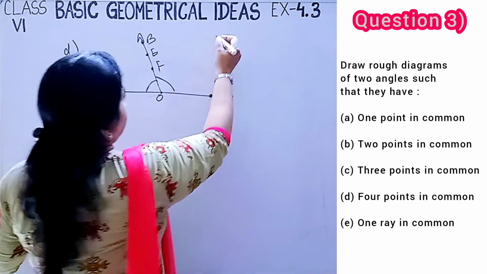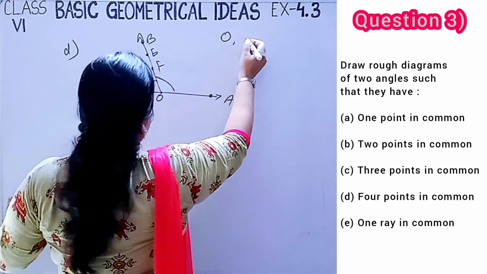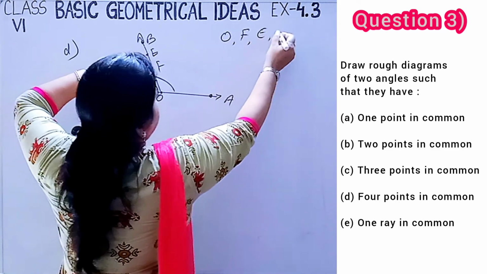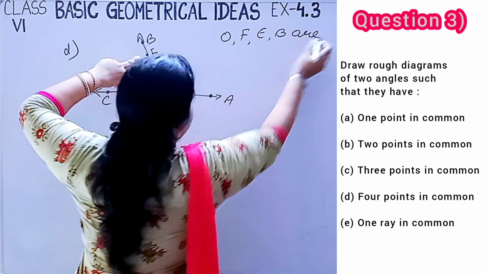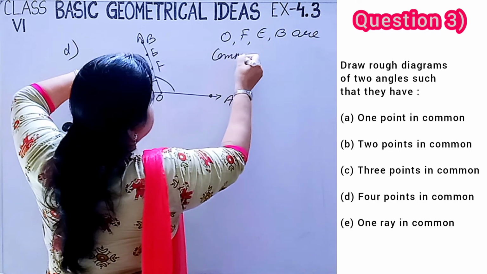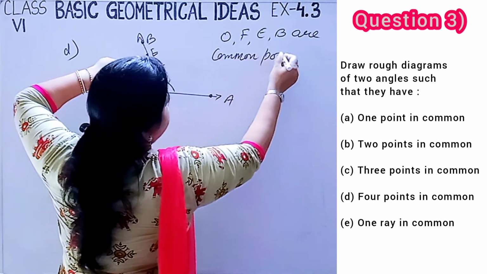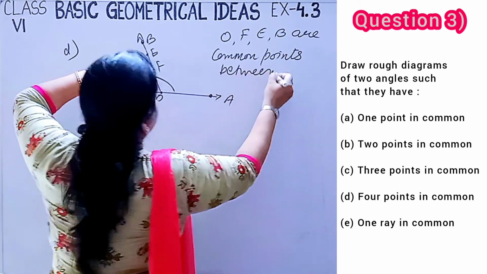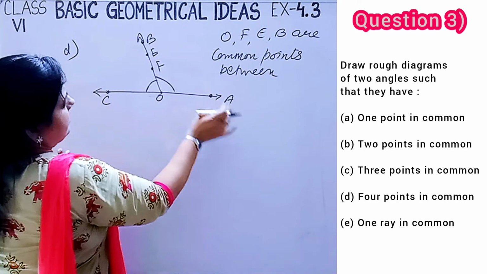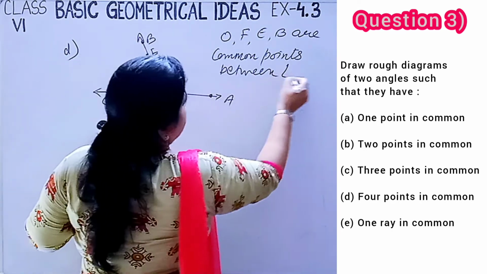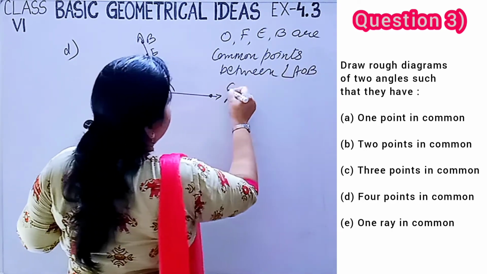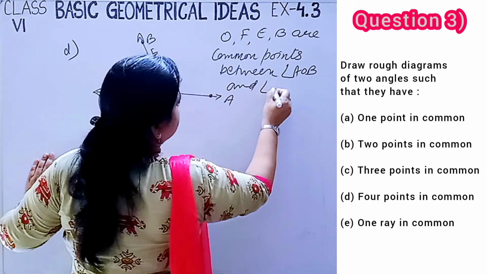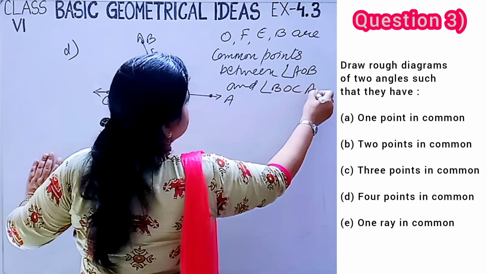So here O, F, E, B are common points between these two angles, angle AOB and angle BOC. Answer.